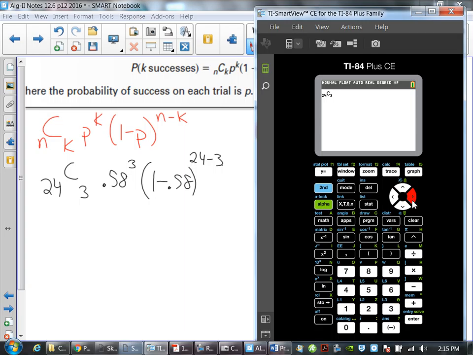And now I can just type in 0.58 to the third times parentheses 1 minus 0.58 to the. Can I figure out 24 minus 3 in my head? I can. If you don't trust yourself, you could write that as your exponent, 24 minus 3. That's what I did, just to be safe. You can do it.